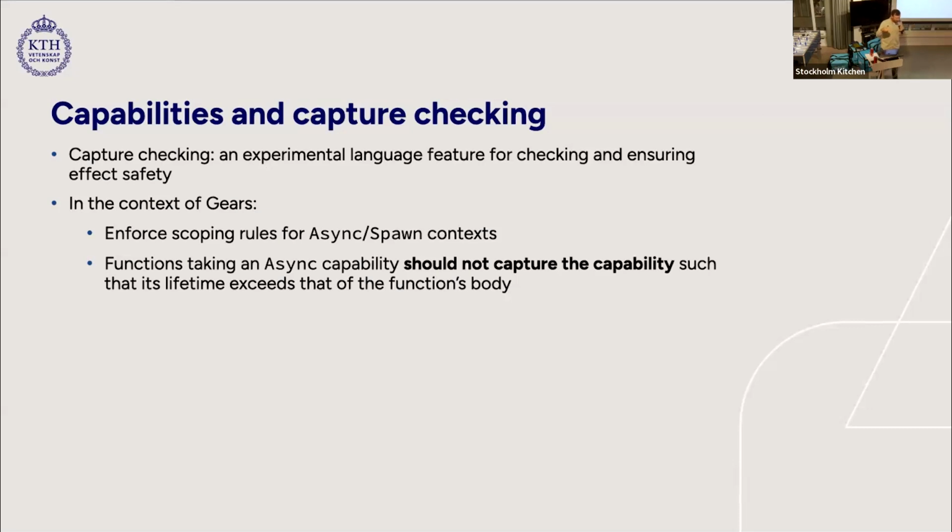Because then you could suspend in a different context where you don't really know what to do because you're not in an async context. So you need to restrict it, and with capture checking, it's possible to do that. Like I said, it's not been implemented, but I'm sure it will be.